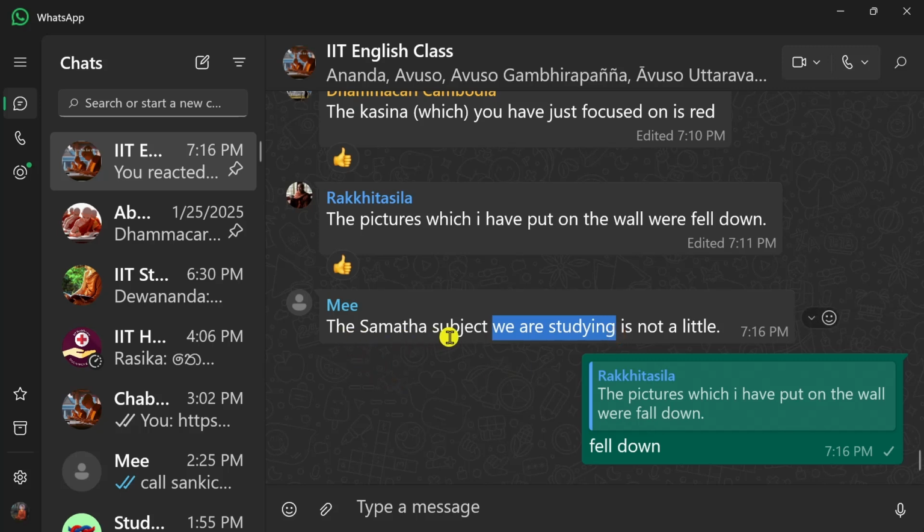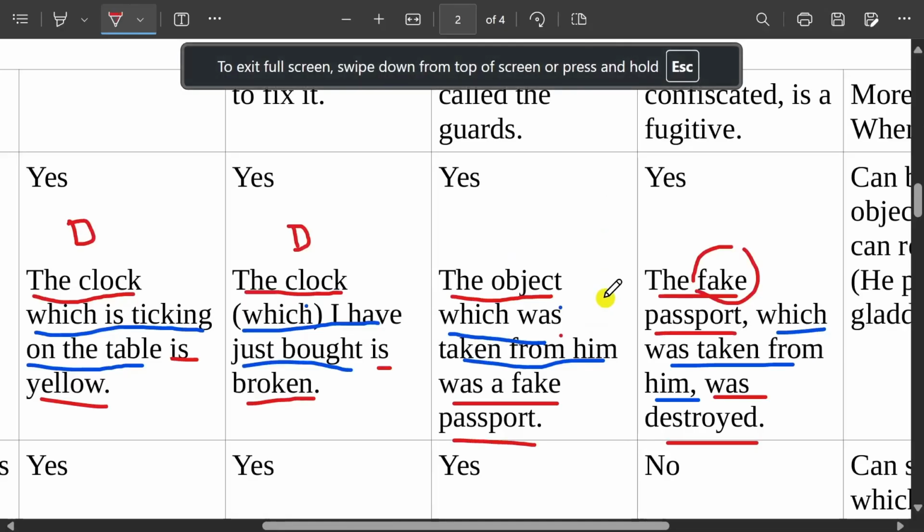So it's the samatha subject which we are studying. The relative pronoun which is hidden, it's elided. So this is a defining relative clause, and which is the object. Good, enough. Lots of examples.